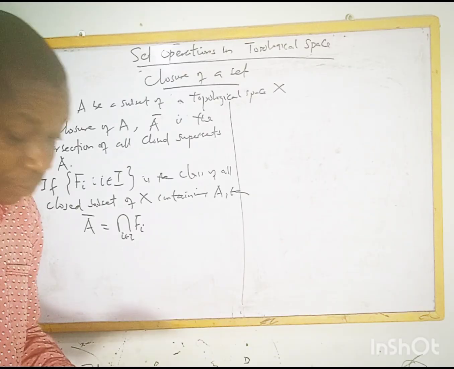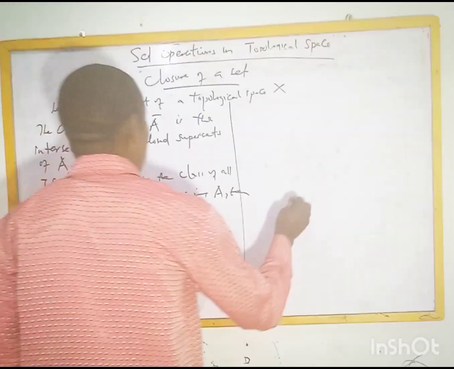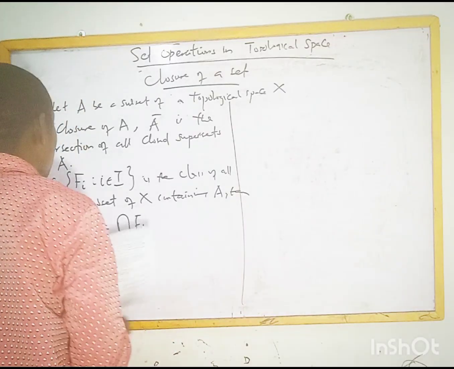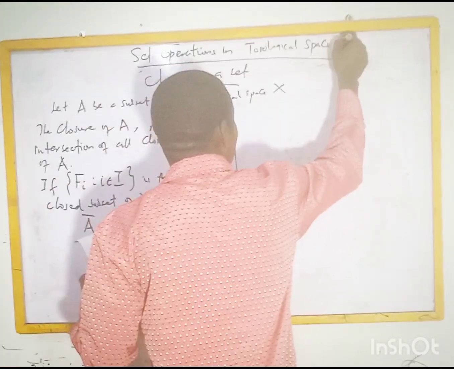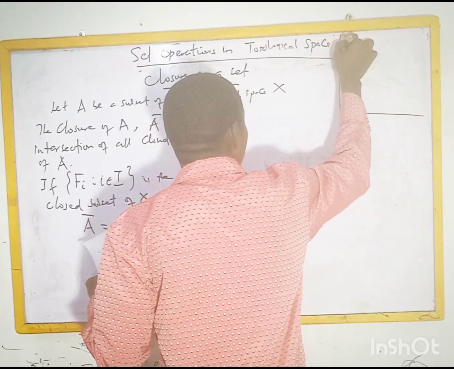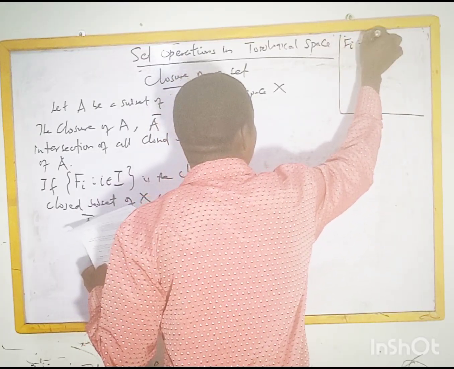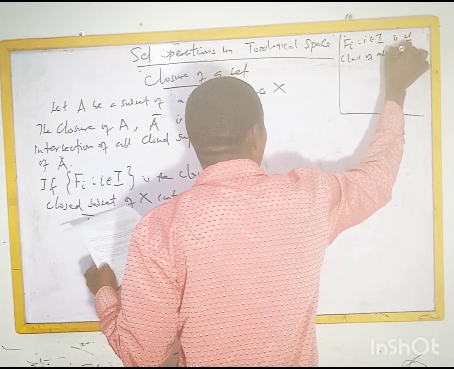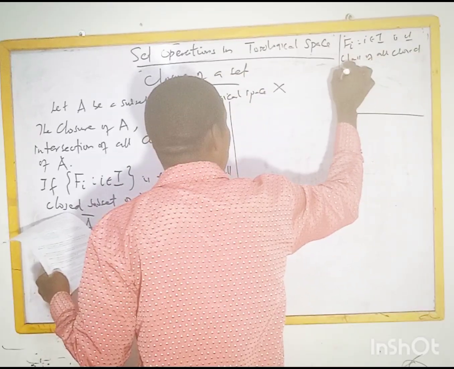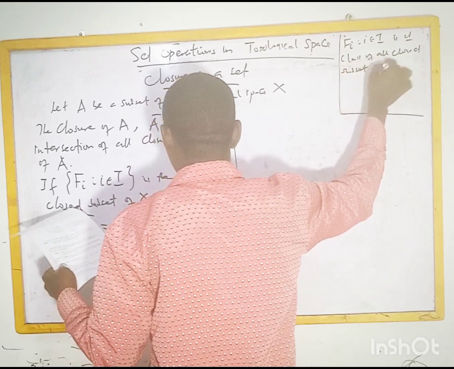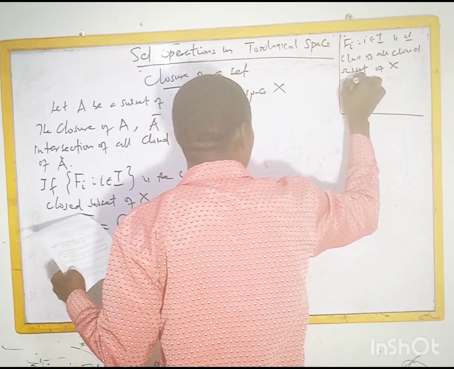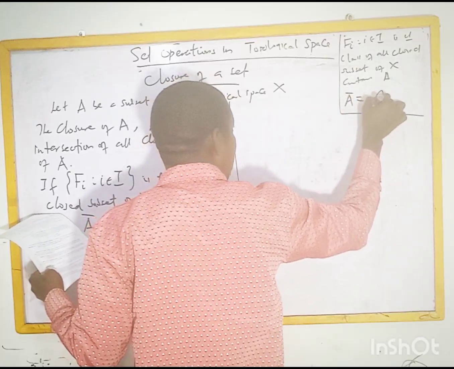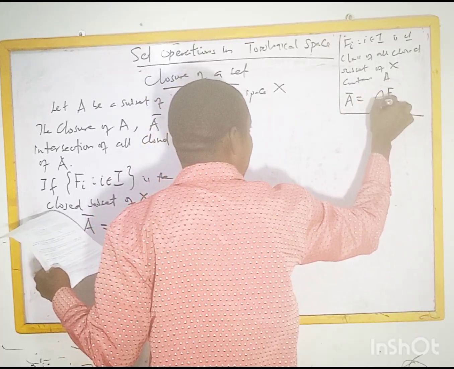Look at this example now. Note something: F_i, where i is the class of all closed subsets of X containing A. That is your closure of A, equal to the intersection over i of F_i.